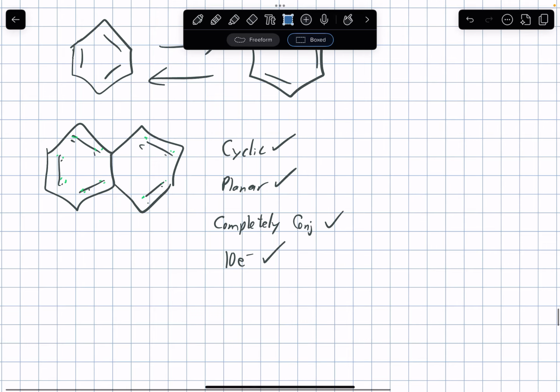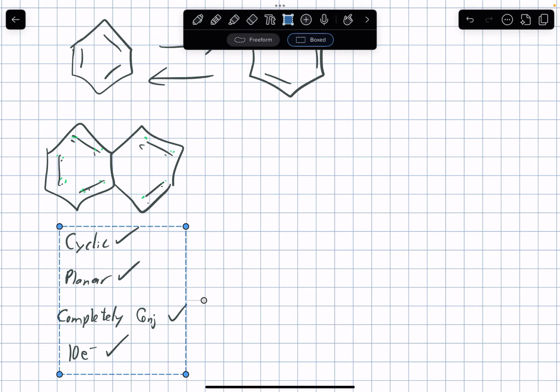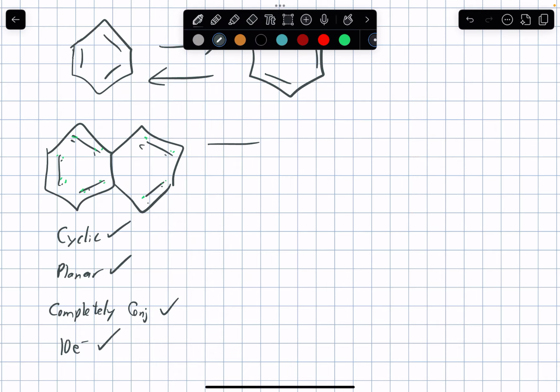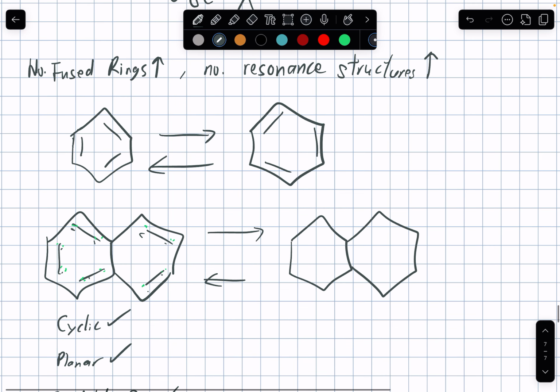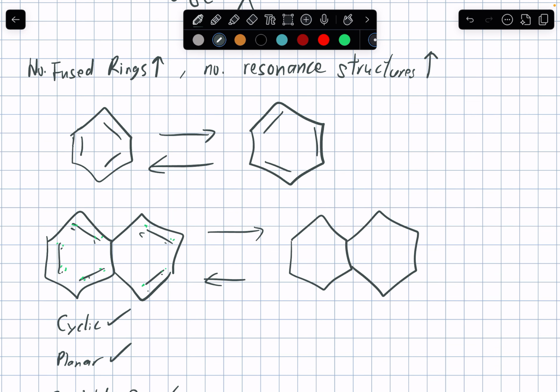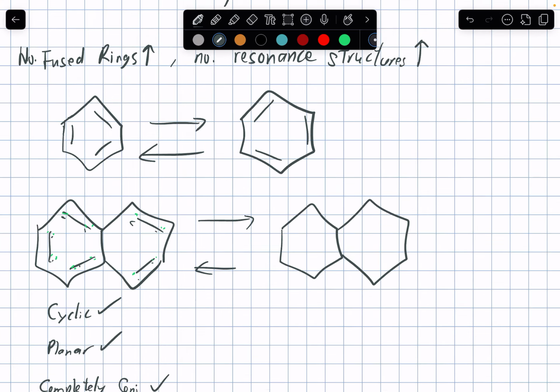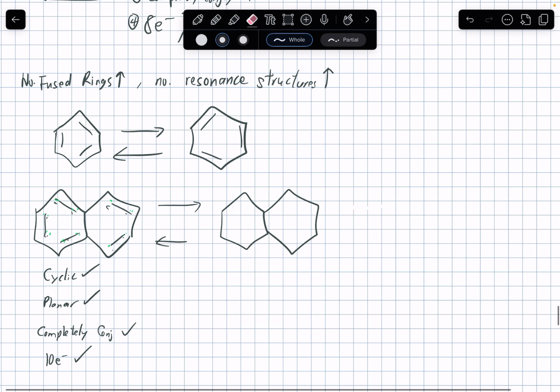Okay, let's try to identify the resonance structures of this compound. So how many fused rings do we have now? We have one additional. So I think there are 3 resonance structures for this, including this one. So we started with benzene. We have 2 resonance structures. We fuse one ring, then we have 3 resonance structures.